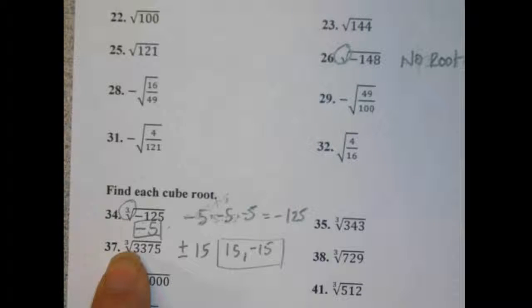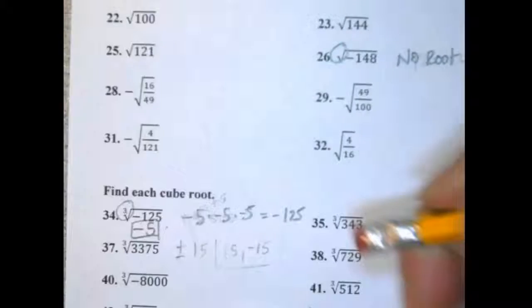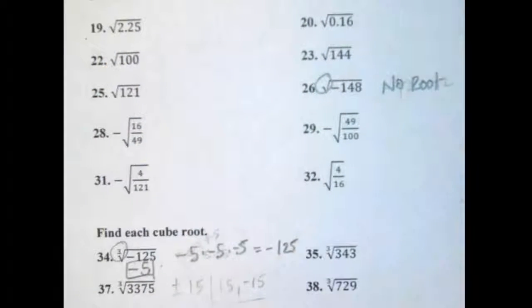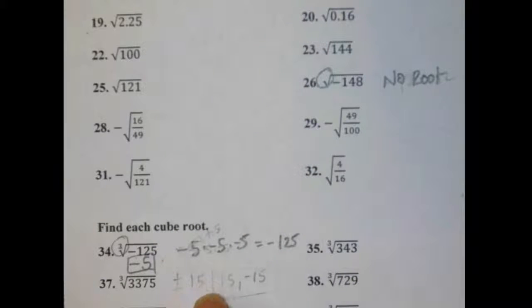What's the number here? 3. Okay? So if I'm multiplying, you guys weren't listening. 15 times 15 times 15, my answer is going to be positive, right? But if I multiply negative 15 times negative 15 times negative 15, what's my answer going to be?